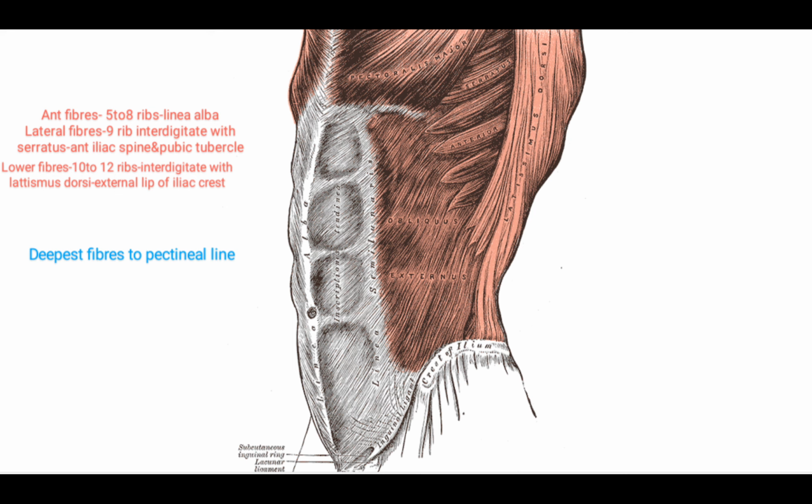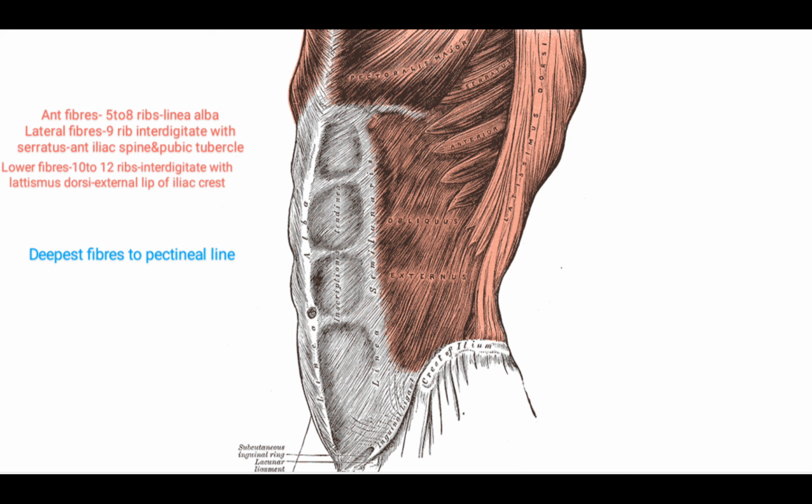Basically, all the actions that involve increased intra-abdominal pressure are actions of this muscle. So that was about the external oblique muscle, and there is one more diagram related to it. We will be studying that also.